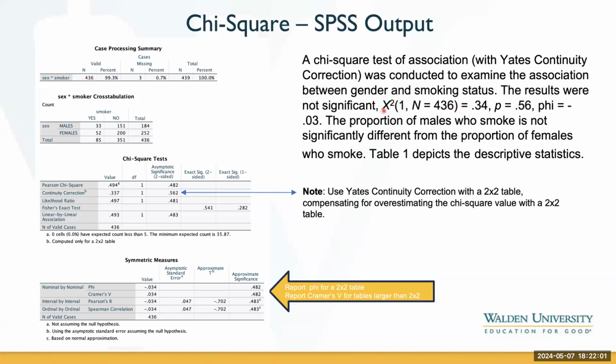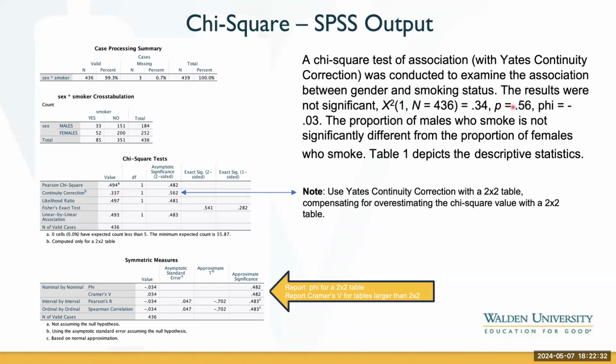Then what was the chi-square value? It was 0.34. You see the chi-square test value? I just rounded it up. It was 0.337, so I rounded it to 0.34. Does everyone see that? Remember, everything you're going to report for the 2 by 2 is on this continuity correction line. So you had the 1 degree of freedom. The value of the chi-square statistic was 0.337, rounded to 0.34.